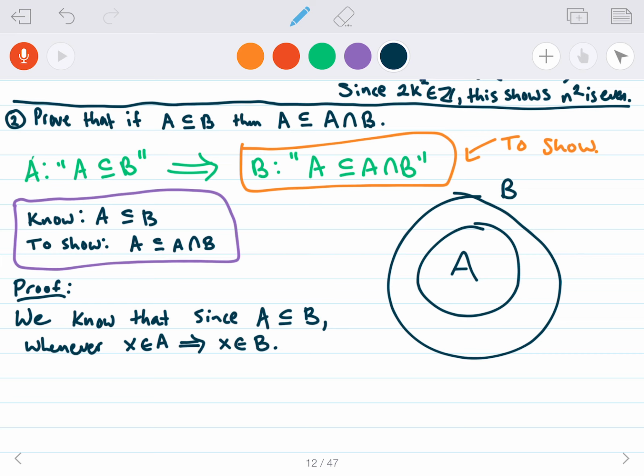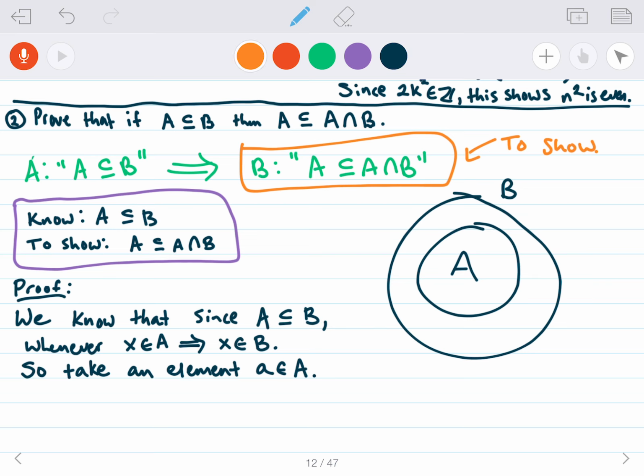All right, now we want to just say, okay, take an arbitrary element of A and show that it's contained in the intersection of A and B. So, in other words, it's in A and B. So, take an element a in A, then a is in A. I don't have to write that again.